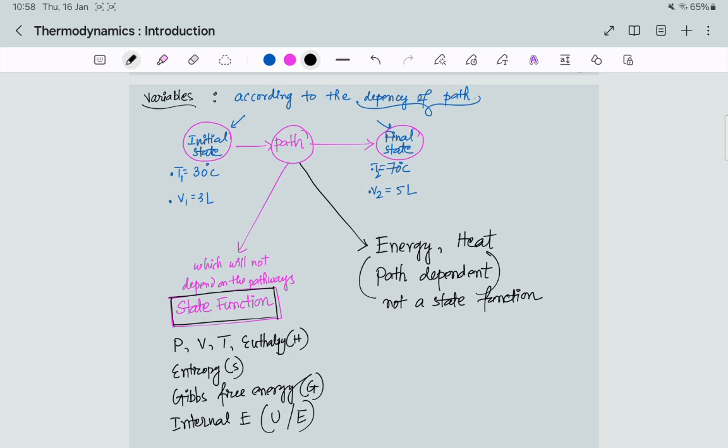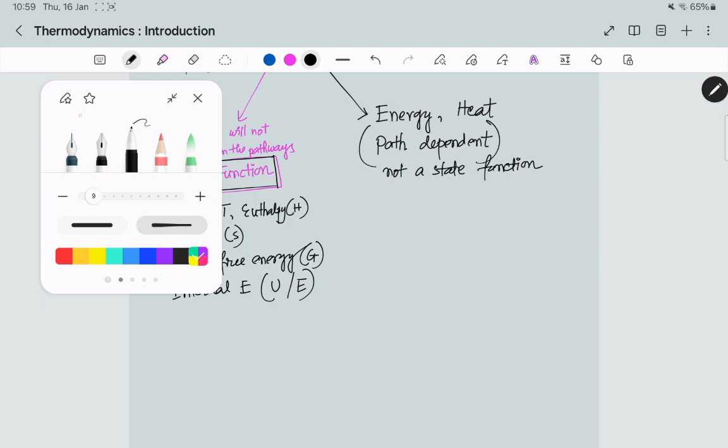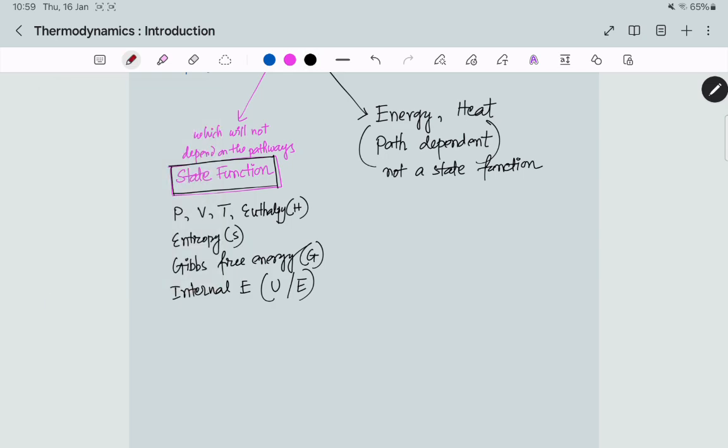When it is not dependent on the pathways, then they are termed as state function. Very important thing, state functions only depend on the initial and final state.